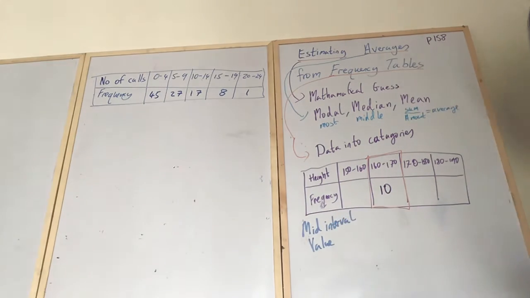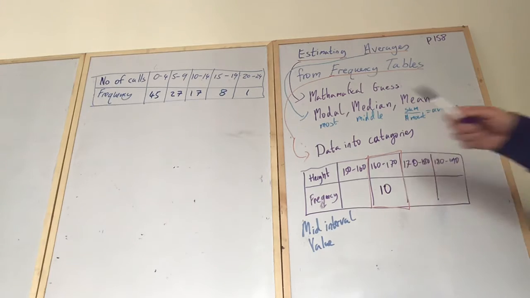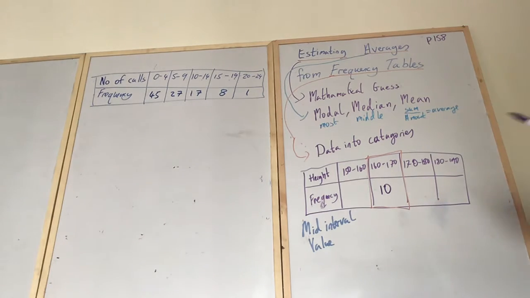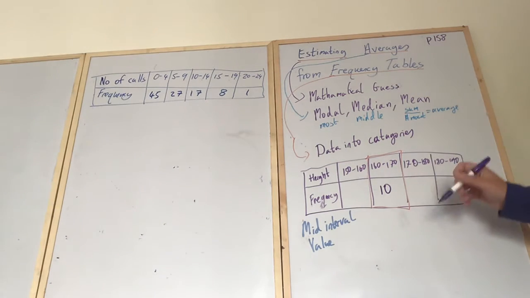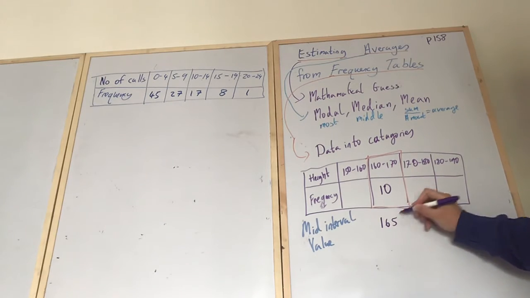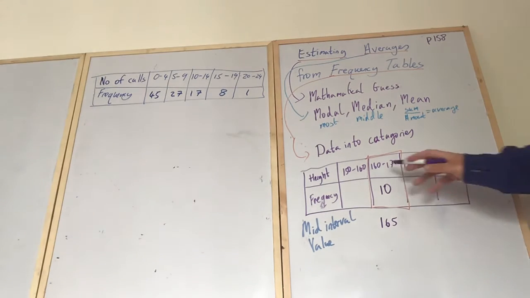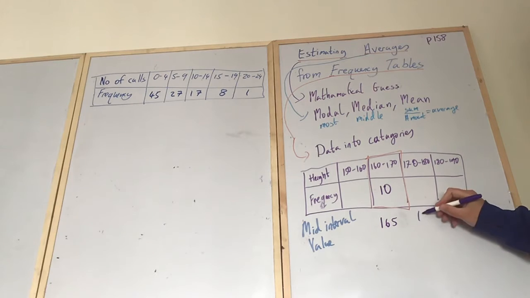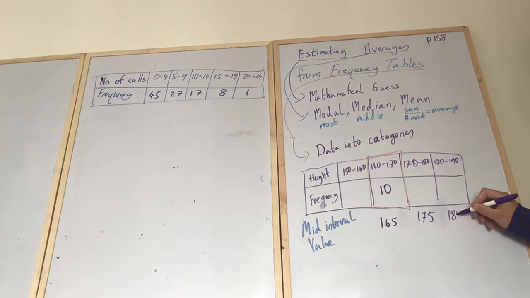The mid-interval value is simply the average of the lower bound and the higher bound of each category. So the mid-interval value here would be 165. We need to just add the two numbers and divide by 2. 175, 185.